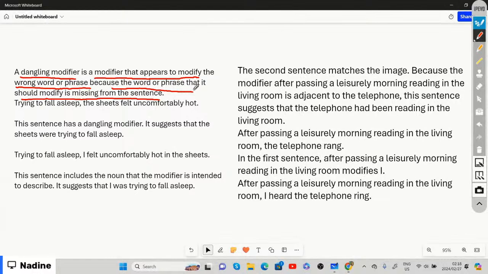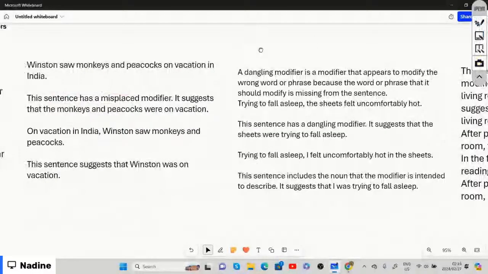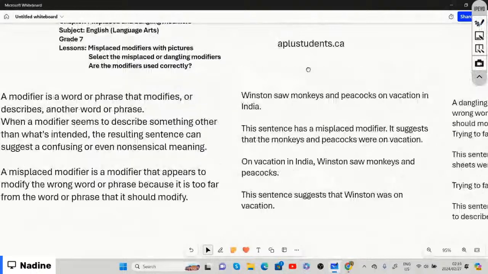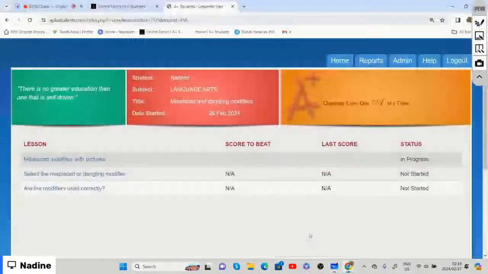And we are doing our tutorial lesson on aplusstudents.ca. So we're going to aplusstudents.ca, and our chapter is misplaced and dangling modifiers.